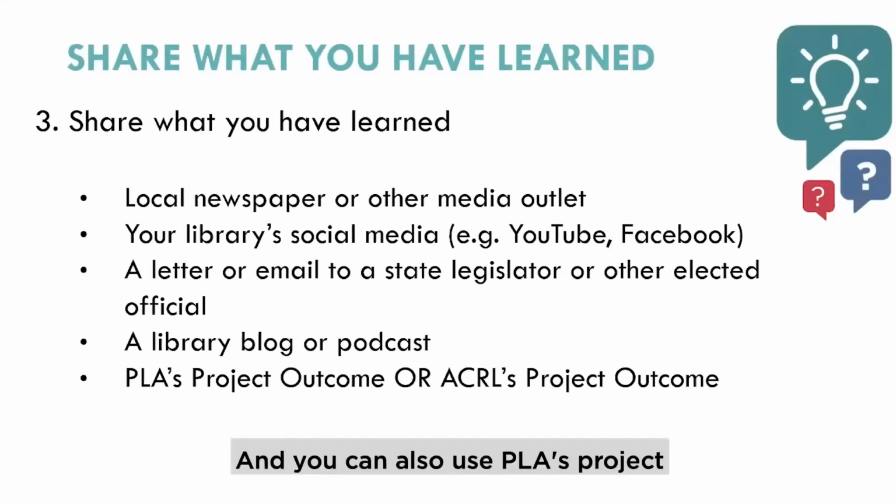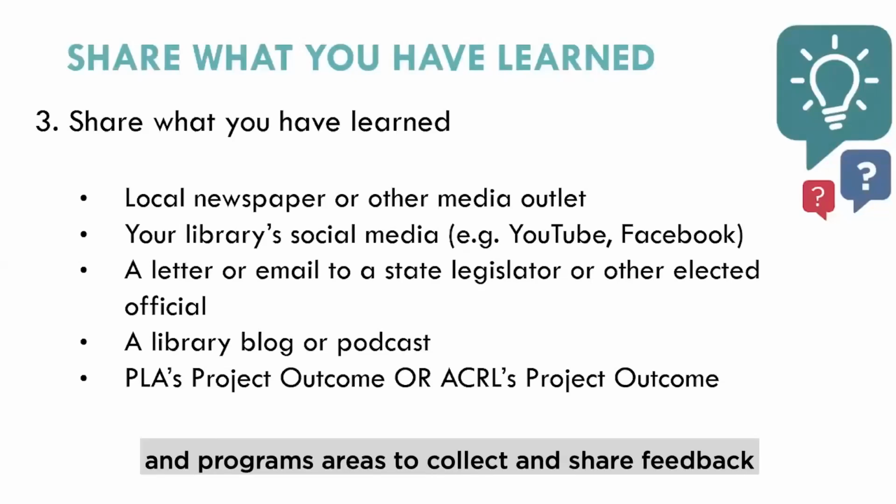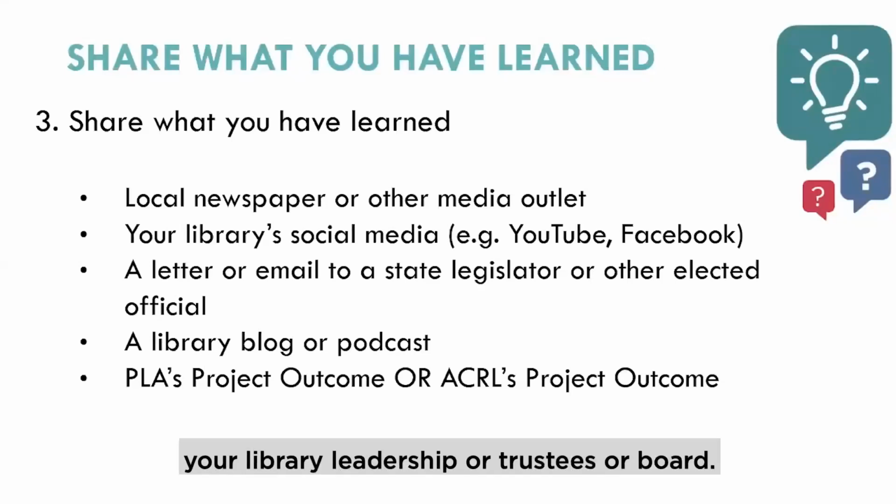And you can also use PLA's Project Outcome Civic Community Engagement Platform, or ACRL's Project Outcome Events and Programs areas, to collect and share feedback from your participants about the conversation with your library leadership or trustees or board.